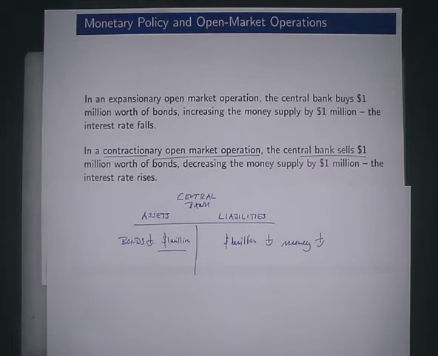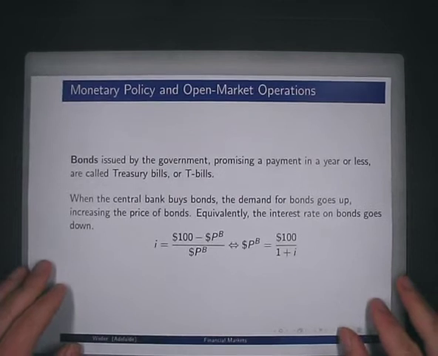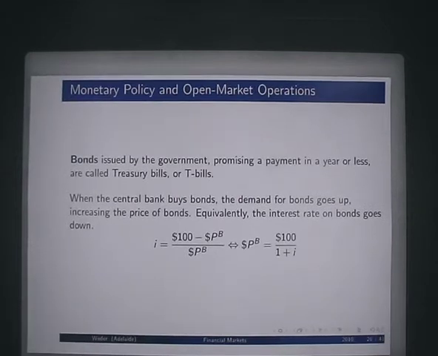So far we talked about what happens basically to the bonds, and we didn't talk about the interest rate yet. But of course, there's a connection between what the central bank is doing in an open market operation and the interest rate.